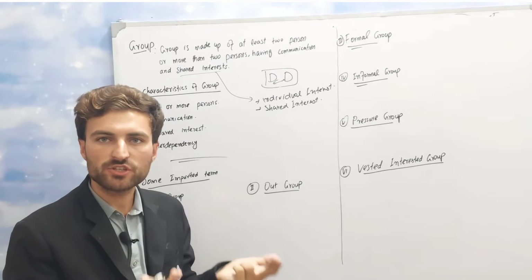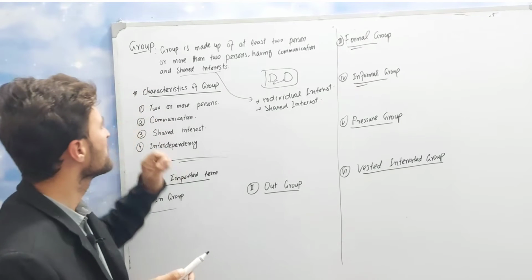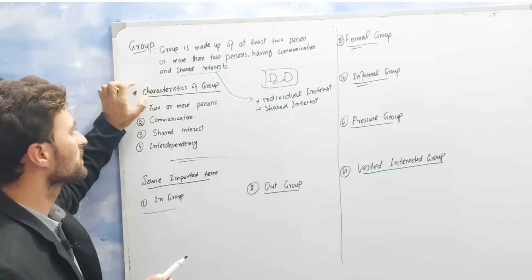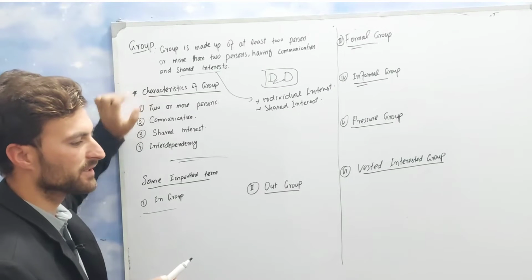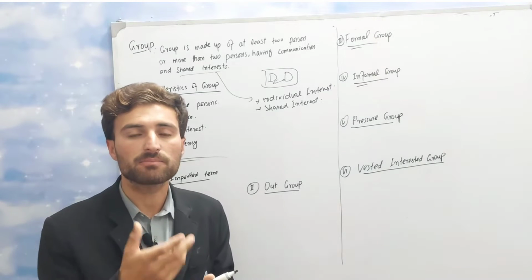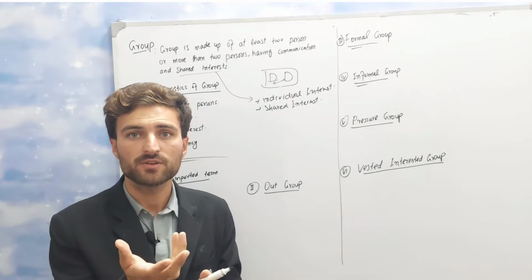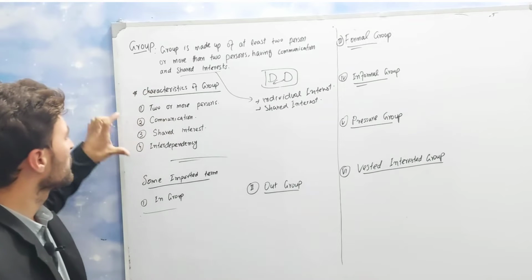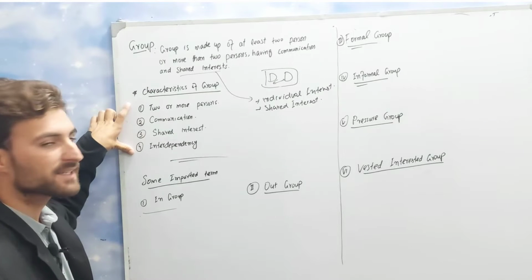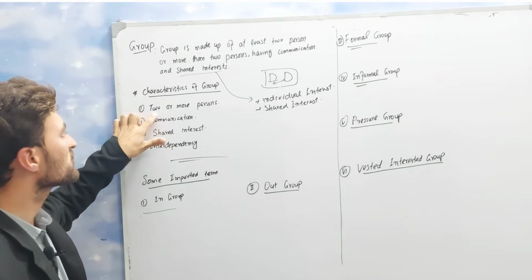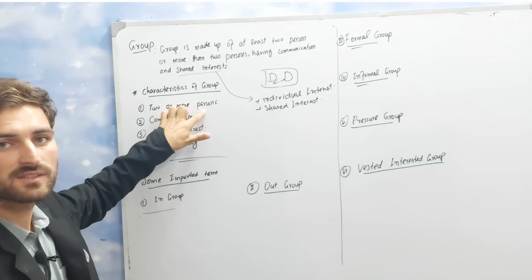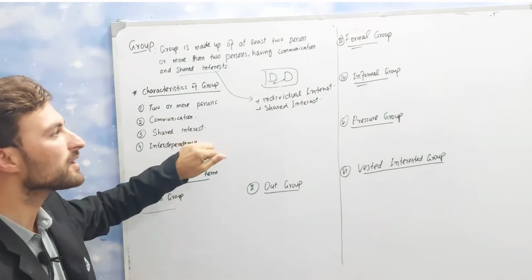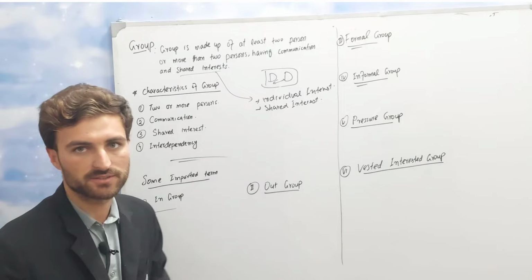After the definition of the group, now let's discuss the characteristics of the group. What does characteristic mean? Characteristics are basically those points through which we can understand something. I have written 4 basic characteristics. The first one is 2 or more persons. In a group there will be 2 or more persons, which I have explained here.